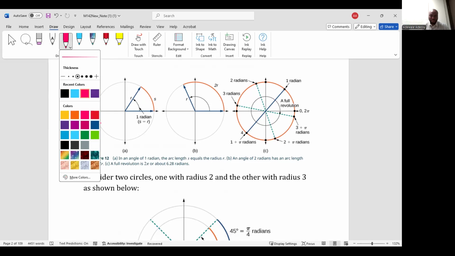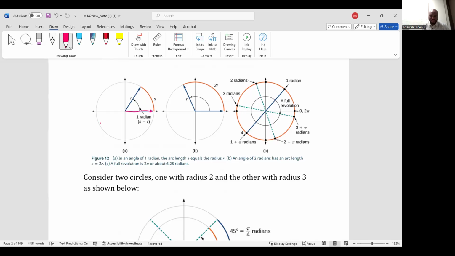So we can see what I was trying to get at clearly here. In this case, this is the radius, this is the radius, and this is the arc length. When s equals r, then we claim that this angle is 1 radian.